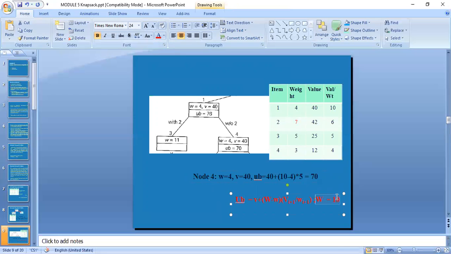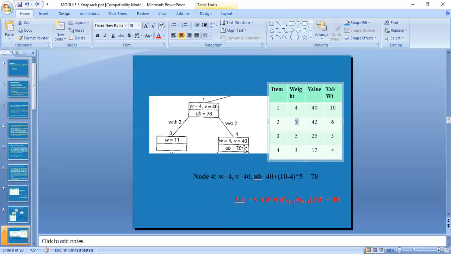Can we include the second item into the knapsack? Is it possible? No. Why? Because the maximum capacity is 10, but here we have already got 11. This is not satisfying the constraint, so we need not generate it further, or even calculate the upper bound value.